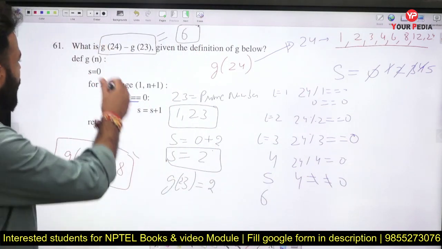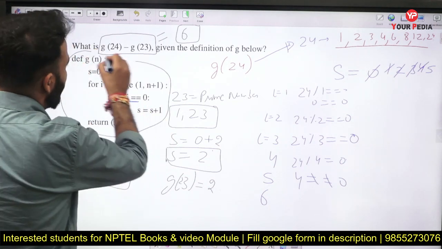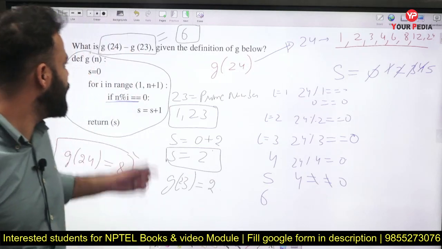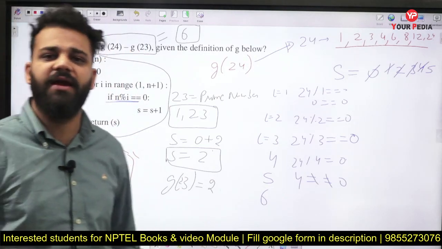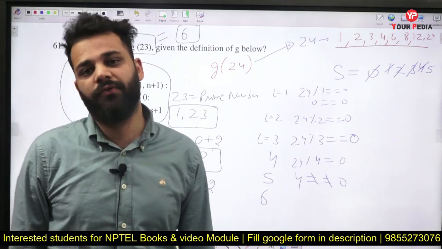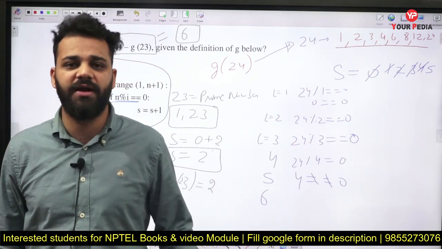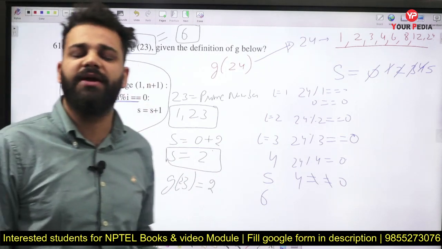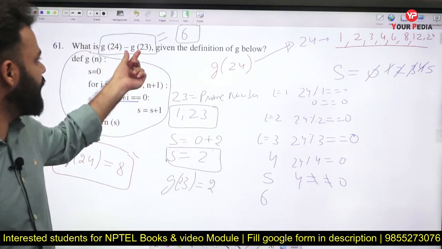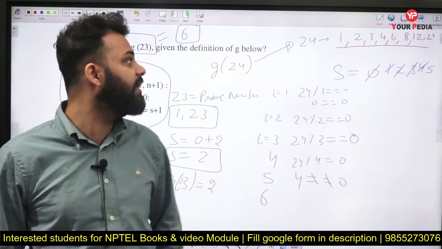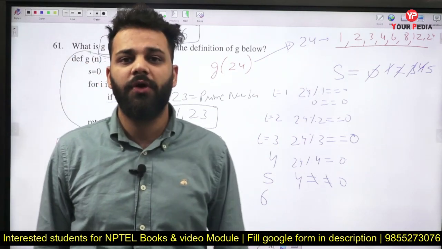So this is the code to find out the number of factors of any number. For G23, 23 is a prime number. So for a prime number there are only two factors, 1 and the number itself. So s will be incremented twice only, and the answer to G23 will be 2, but it is asking G24 minus G23. So 8 minus 2 will be equal to 6.